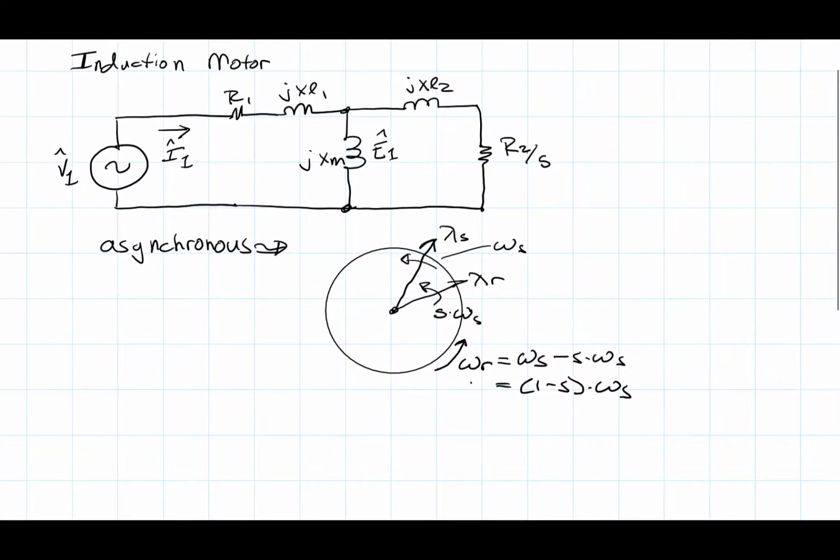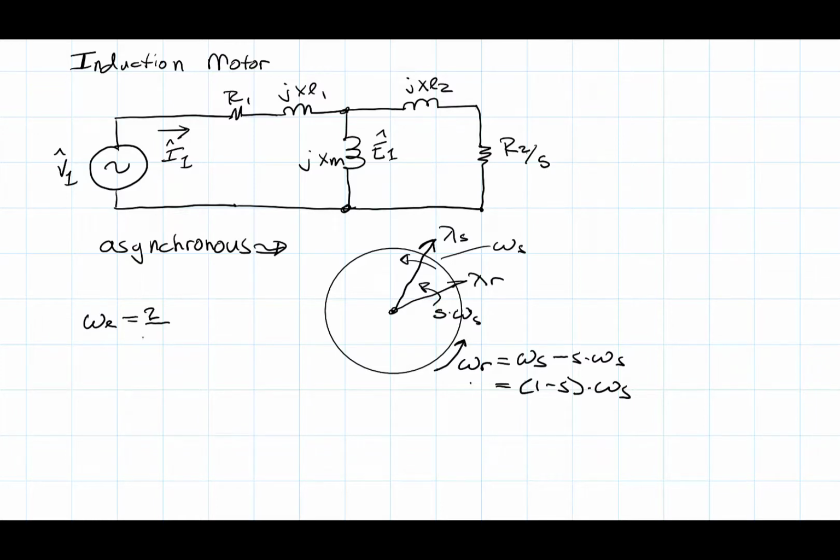We have defined so far the synchronous speed as a mechanical speed, which means that it's related to the electrical frequency applied to the stator by the inverse of the poles, where omega E equals 2 pi times Fe.